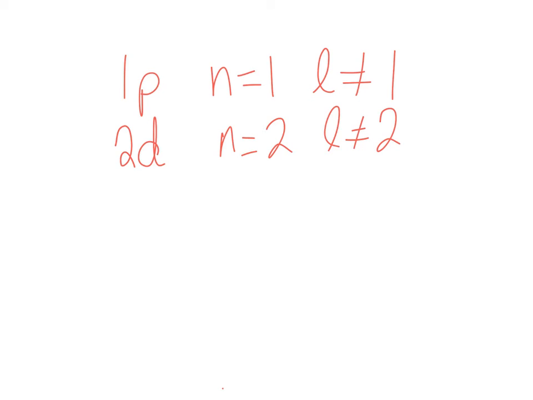Now, what we're going to be doing after we do today's work, so either tonight or tomorrow, we're going to be talking about energy level diagrams. And I'm giving you this so you can see, the lowest possible orbital that you can have is the 1s.